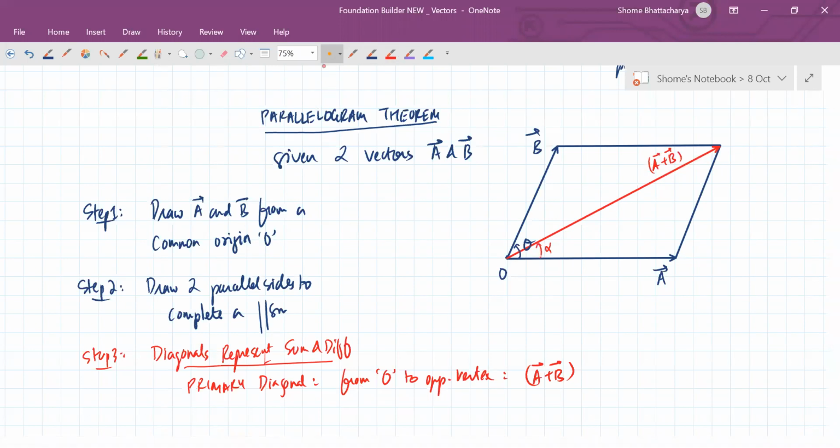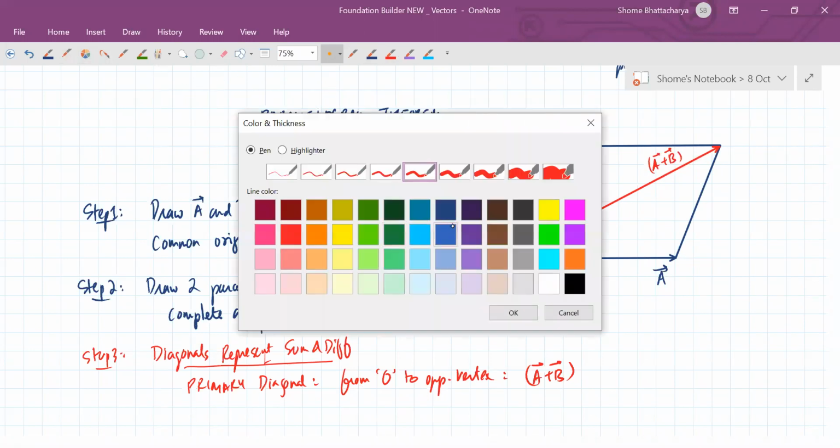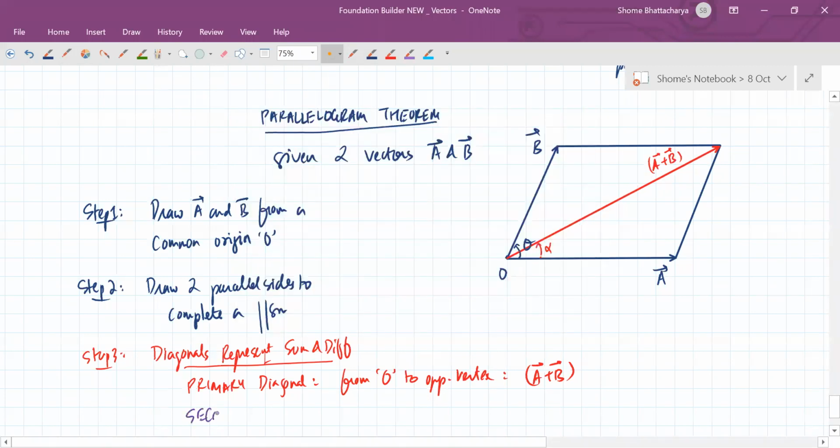And if I construct the secondary diagonal from b's head to a's head, that represents the difference.